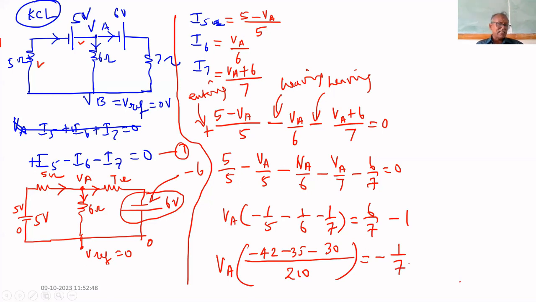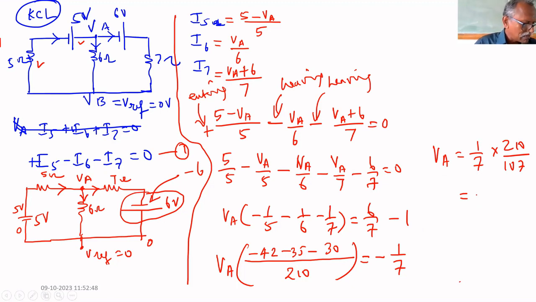So the minus sign gets cancelled. 107, yes. Therefore, VA equal to 1 by 7 multiplied by 210 divided by 107.